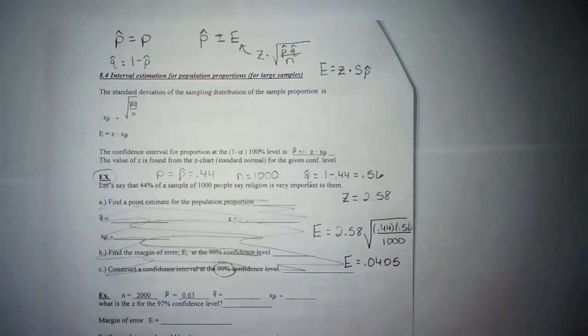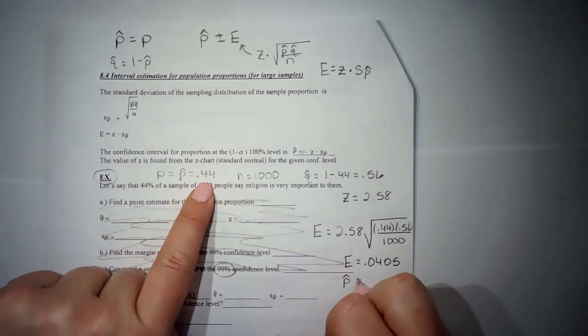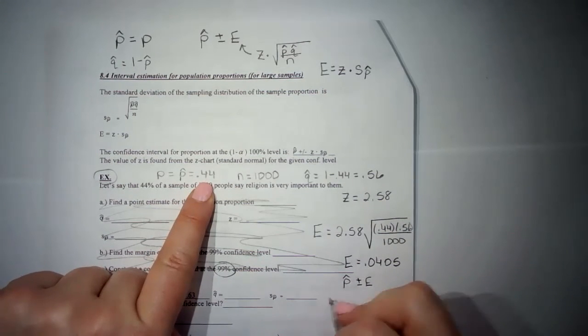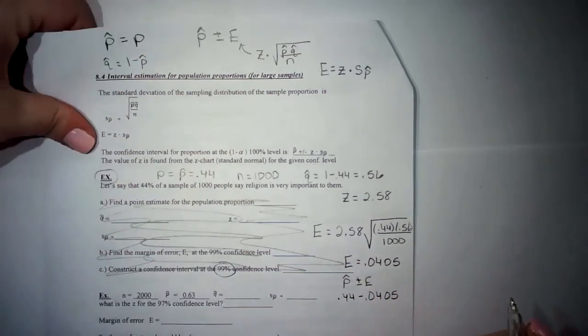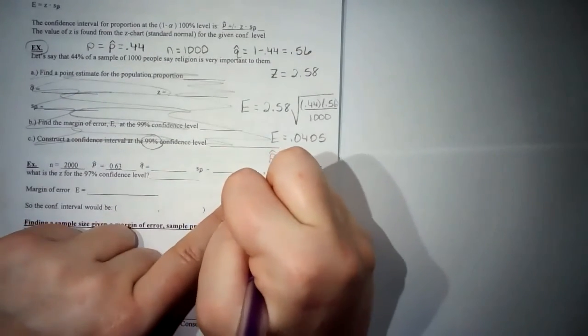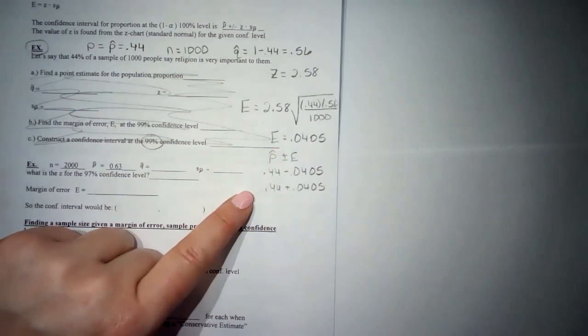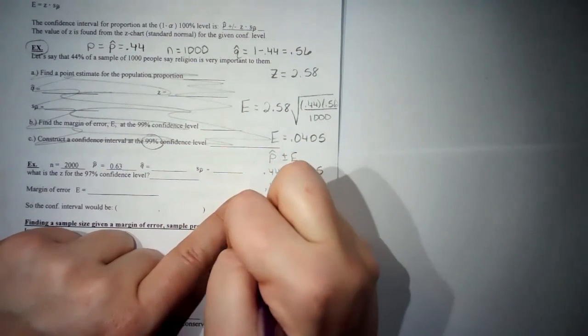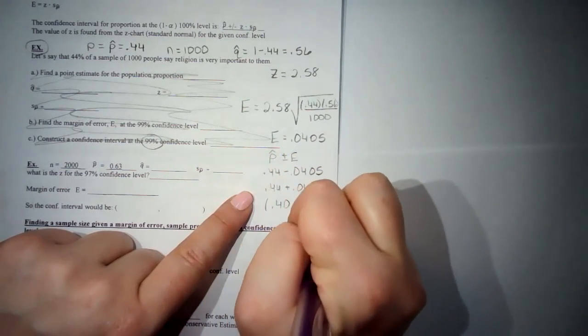Okay, and now we're ready for our confidence interval. So we're going to take 0.44, which is p hat, plus or minus e. So we're going to have 0.44 minus 0.0405, and we're going to have 0.44 plus 0.0405. And I got 0.40 and 0.48.